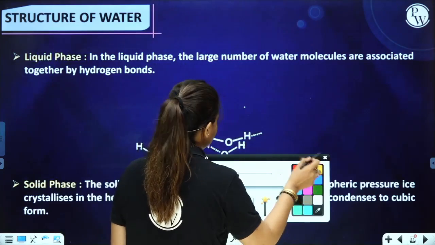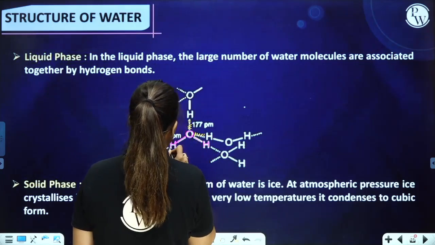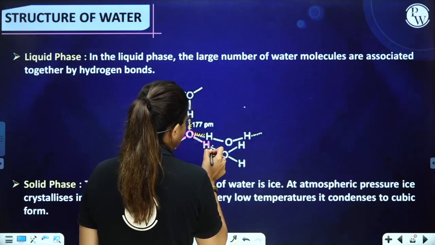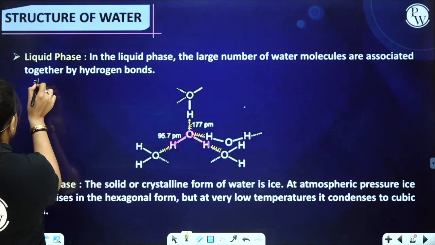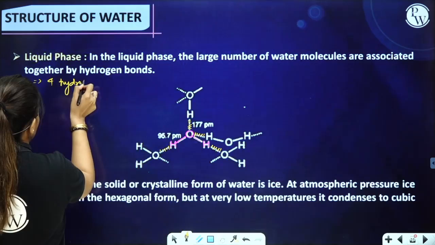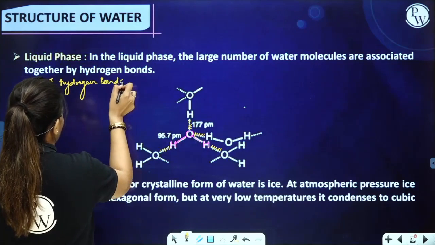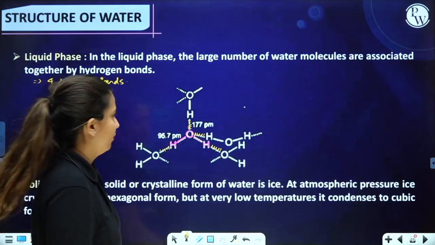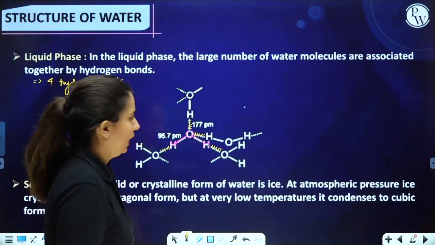This is a hydrogen bond, this is a hydrogen bond, this is a hydrogen bond. In total, one water molecule can make 4 hydrogen bonds. You can see simply with the help of the yellow color, it can form 4 hydrogen bonds.